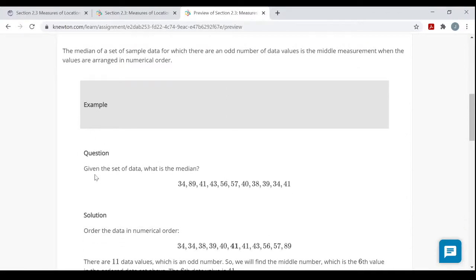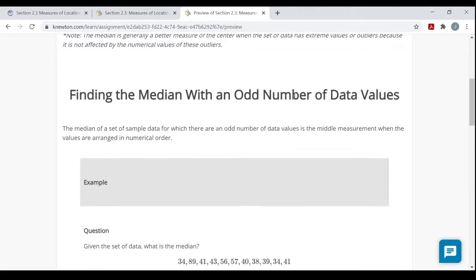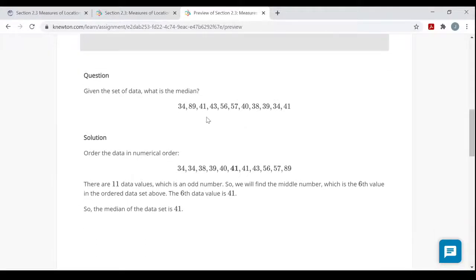Their example here: given the set of data, what is the median? Here's a set of data, all these observations. There are 11 observations, an odd number of data values. So they rearrange from least to greatest, putting these 11 numbers in order. With 11 values, the median will be the one that has 5 below it and 5 above it.